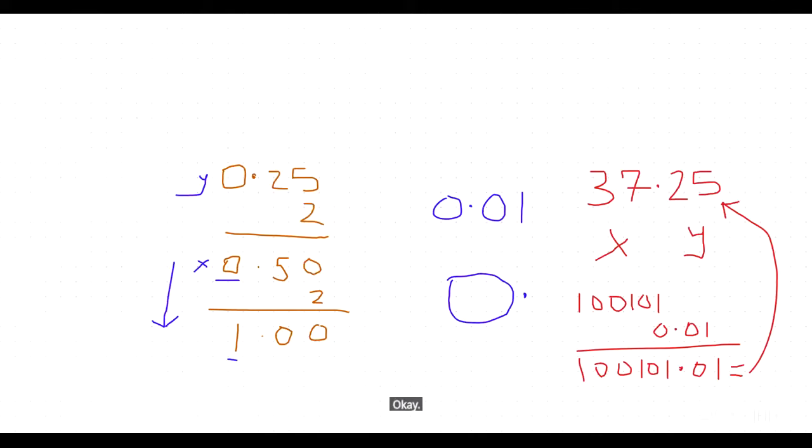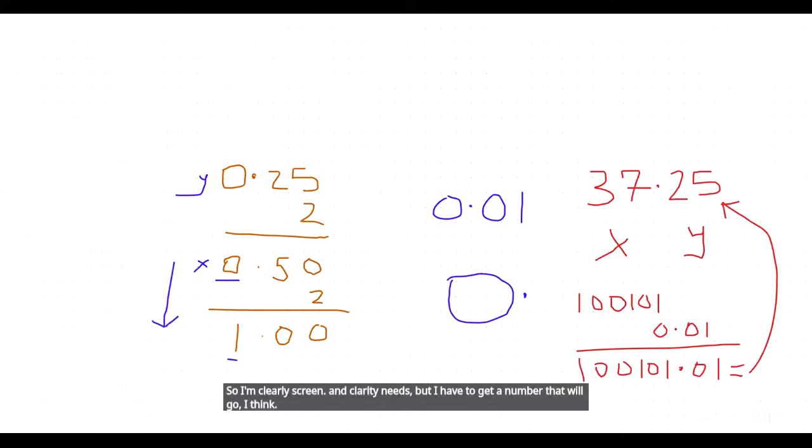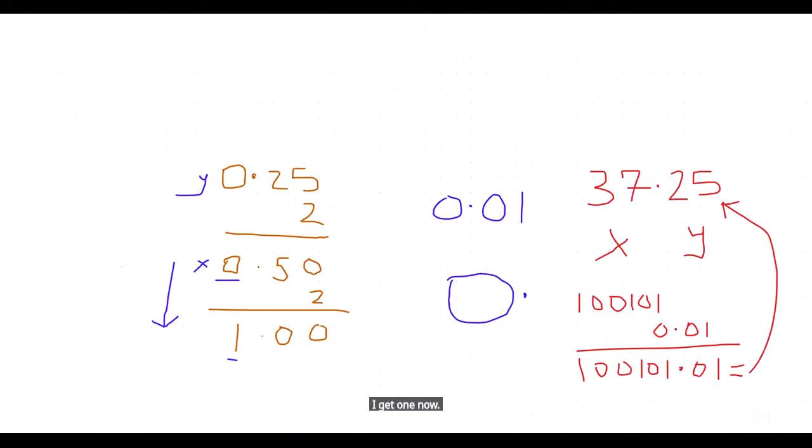Okay, let's do one. Someone ask one more example. So I'm clearing this screen, but I have to get a number that will go. I think I have one now: 0.125. We have to convert this decimal number to binary.